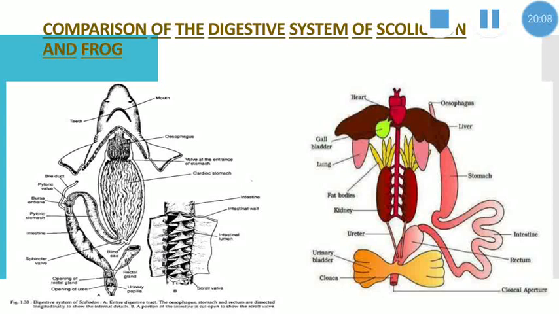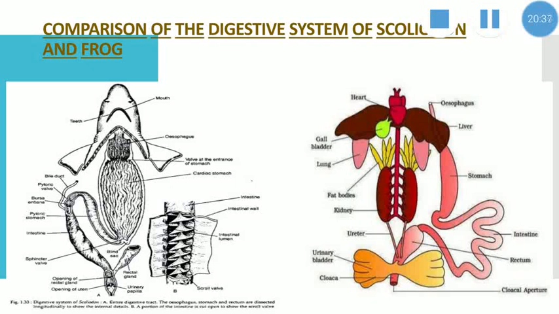The bile duct opens independently into the beginning of the intestine in the case of Scoliodon. In the case of the frog, the bile duct passes through the pancreas to form a common bile pancreatic duct. The latter then opens into the beginning of the duodenum.